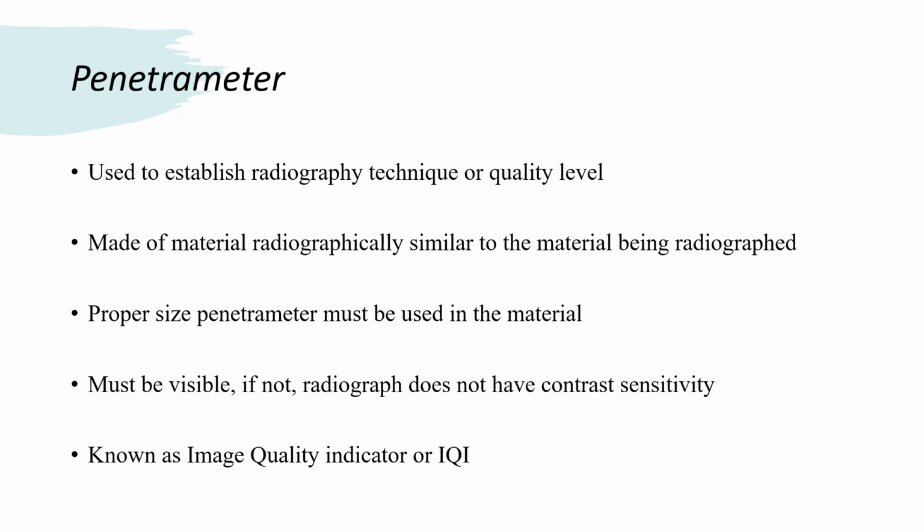The penetrometer letter or symbol on the radiograph indicates what type of material the penetrometer is made of. The penetrometer must be visible on the radiograph. If it is not, the radiograph does not have contrast sensitivity. The proper hole must be visible. If not, the radiograph does not have the detail sensitivity. So this is the penetrometer.